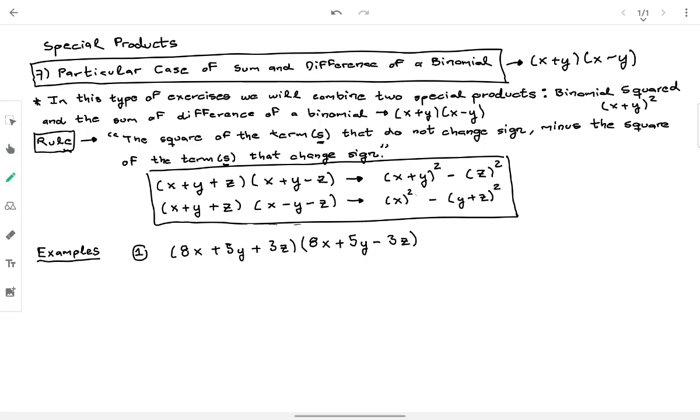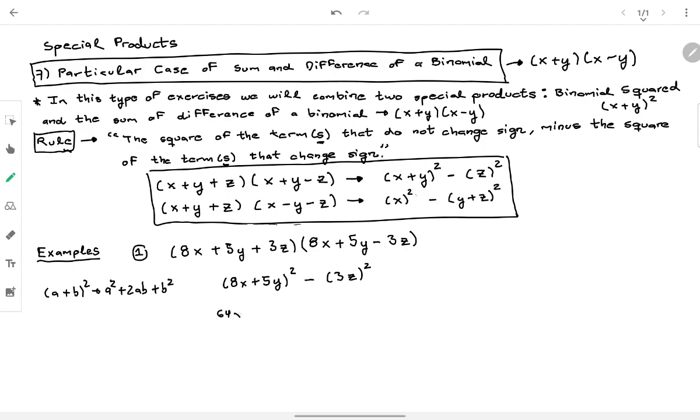So the rule says it's the terms that do not change sign squared, minus the term that changes sign squared. We can do this because remember, when we have a binomial squared, it's the first one squared plus 2 times the first one multiplied by the second plus the second one squared.